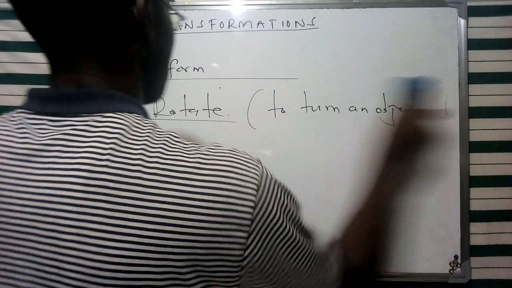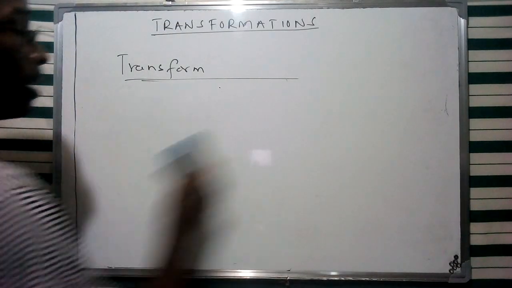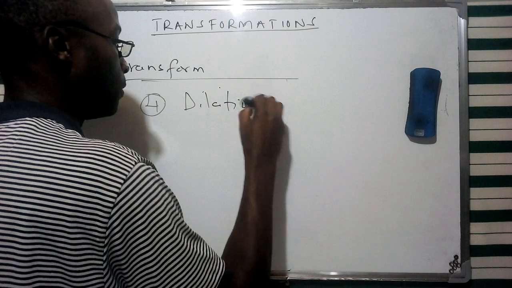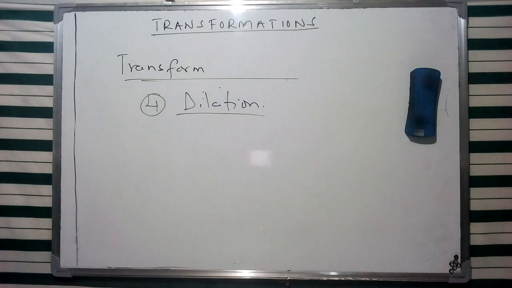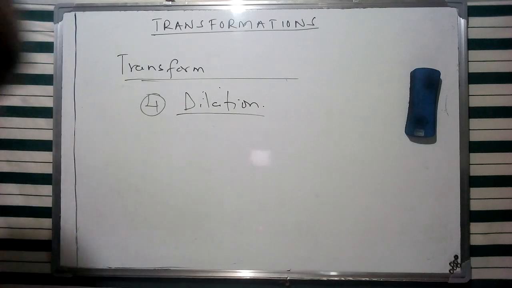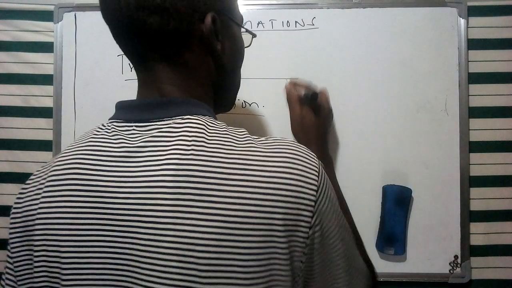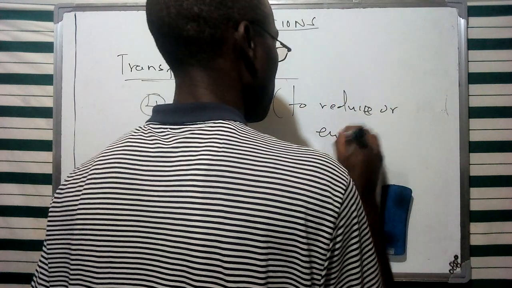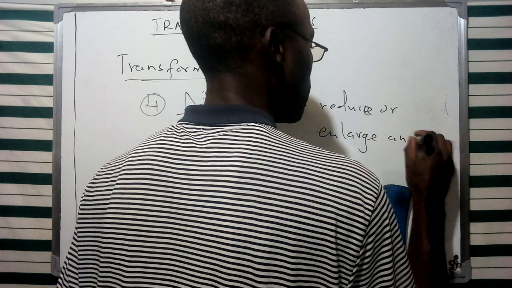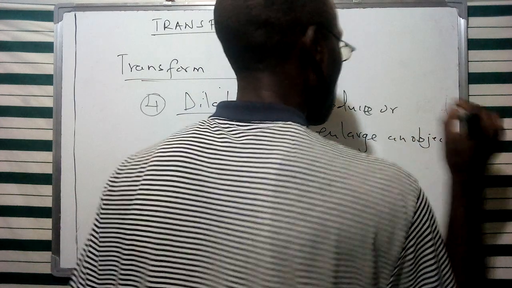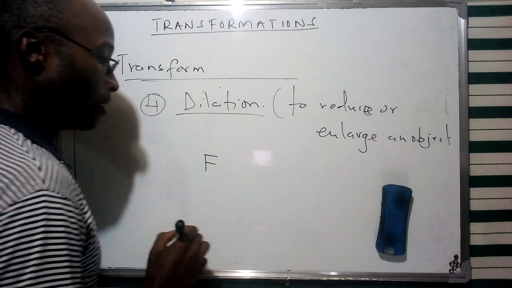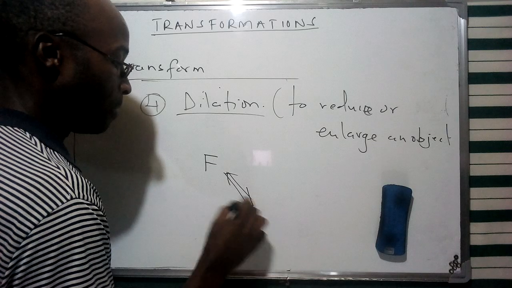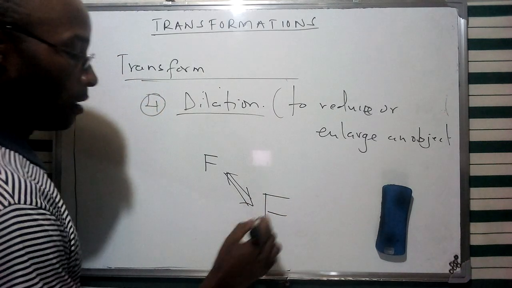Lastly, we're going to discuss the concept of dilation, which is the fourth and last type of transformation. Dilation basically means to reduce or enlarge an object. If I have an object given as such, I can perform a dilation by either enlarging it or reducing it.